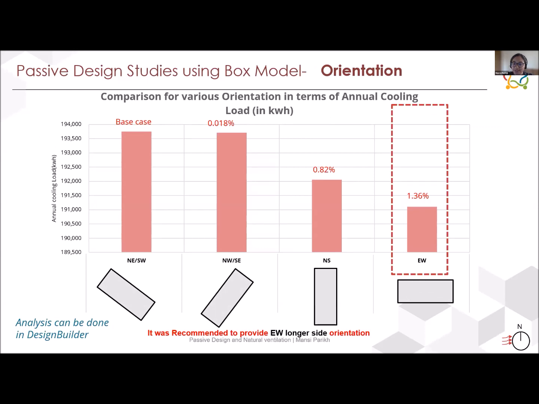So it was found that east-west longer axis gave maximum amount of annual cooling load savings, that is almost 1.36%. Hence, it was proposed to the client to orient as many buildings as possible on the whole site with east-west longer axis to reduce energy consumption. Because annual cooling load is directly related to annual energy consumption.